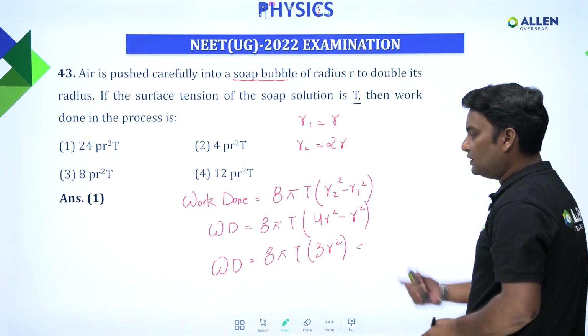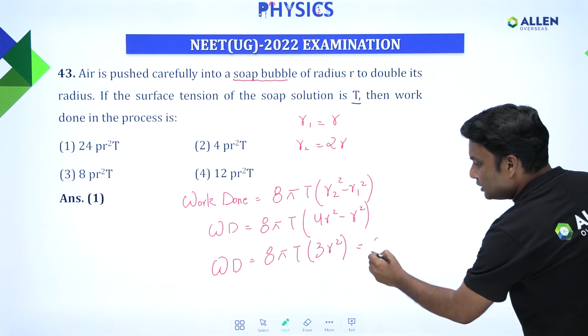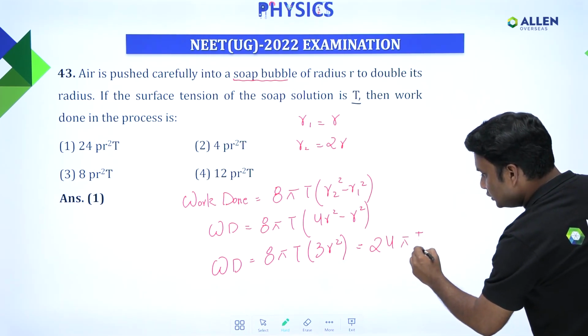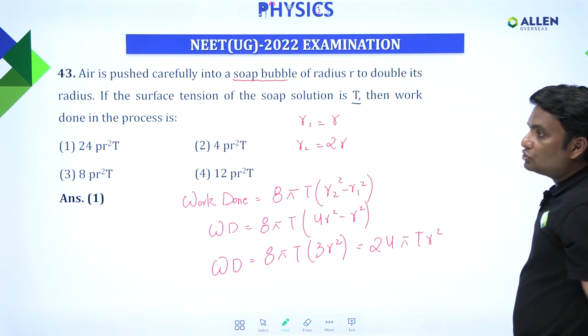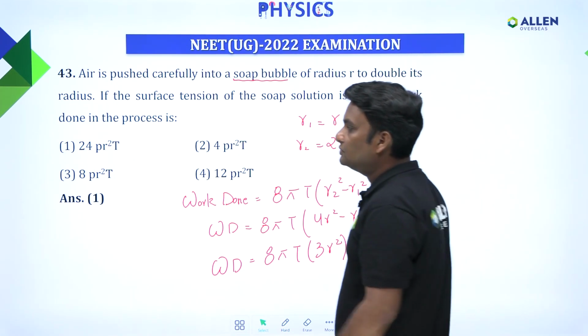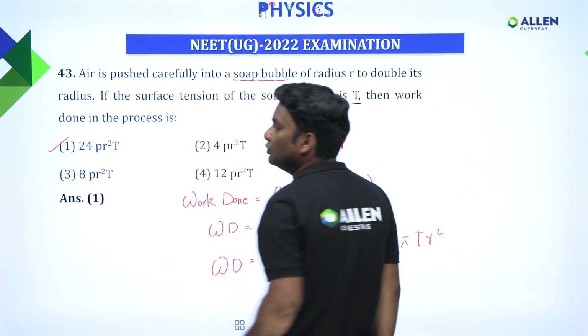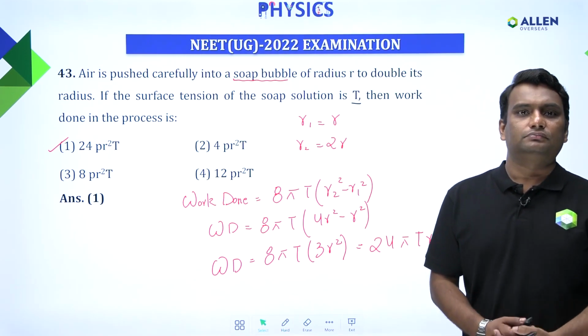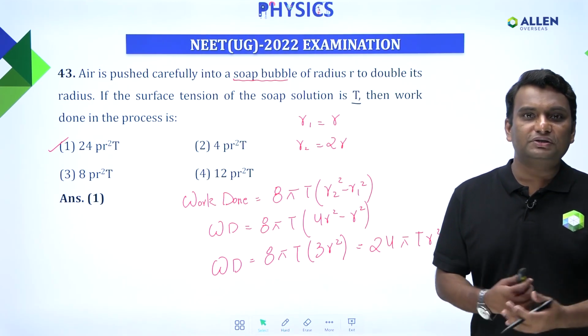Upon solving, it is going to become 24 pi T R square. So from all the options, option number 1 is going to match. Clear? I hope everyone understood this part.